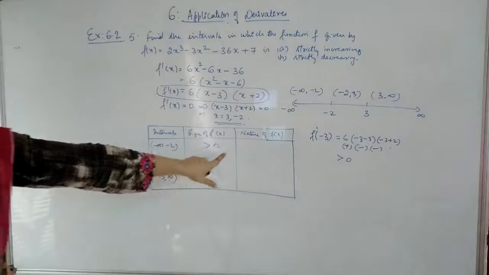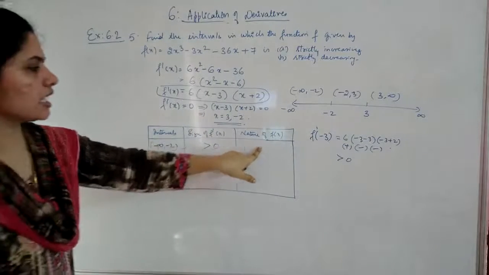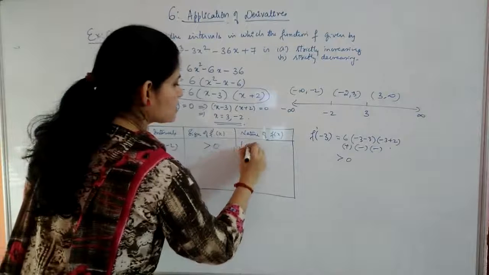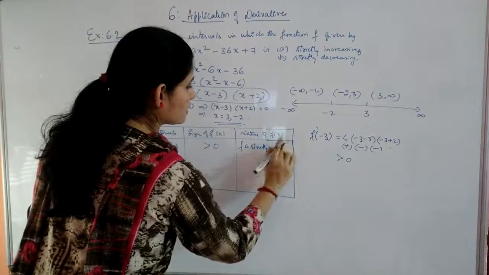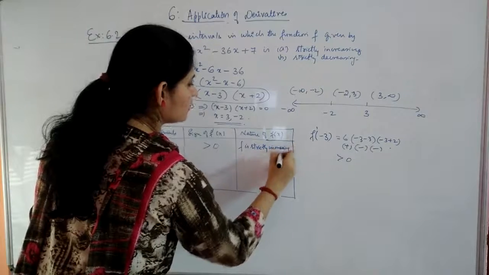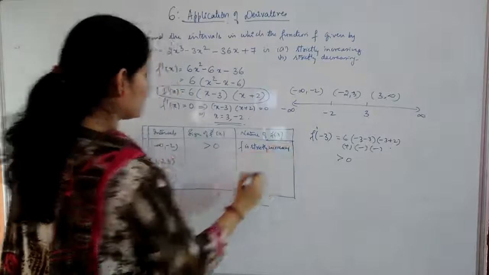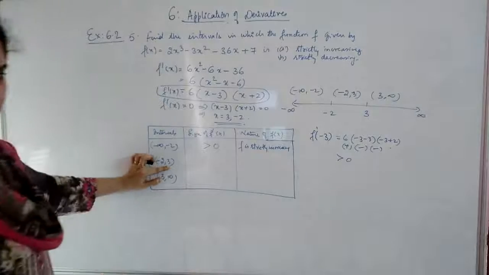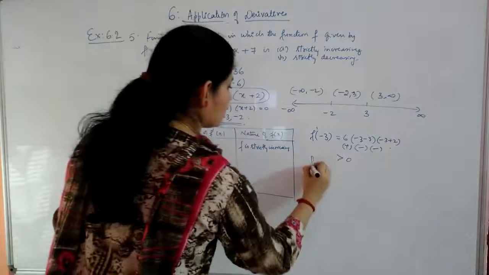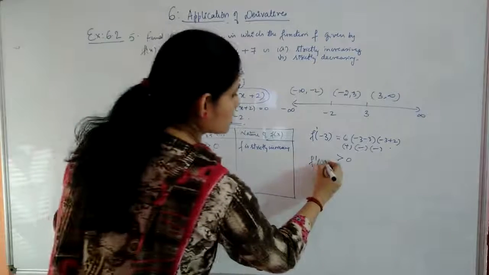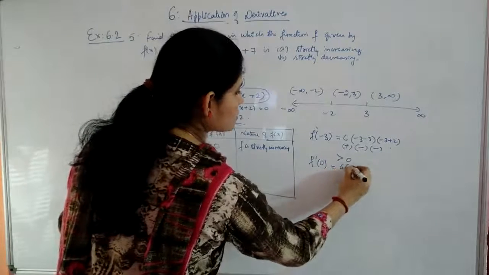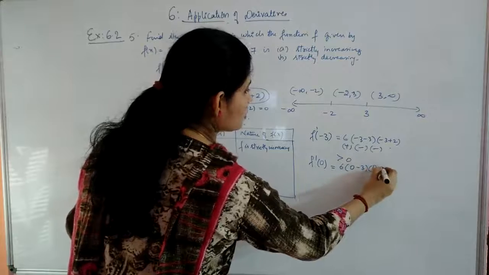So what will be the function's nature? f is strictly increasing in this interval. Now for the next one, (-2, 3). Again you take any value; for (-2, 3) you can substitute 0 also. So with the in-between value you have taken, 6 into (0 - 3) into (0 + 2).